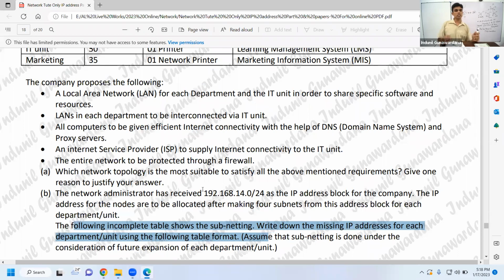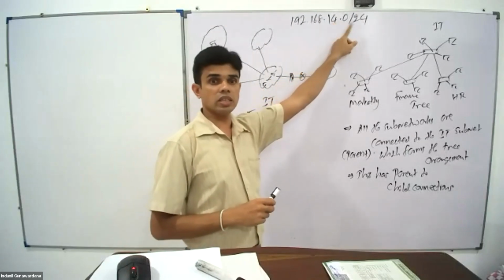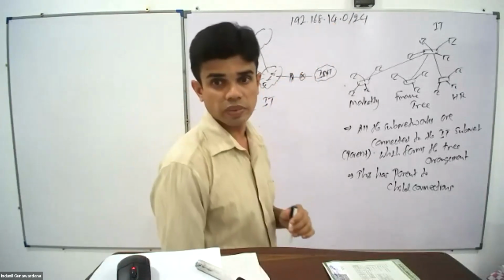So they have given the IP address 192.168.14.0/24. Is this classful or classless? Classless, and it has 24 network bits available.